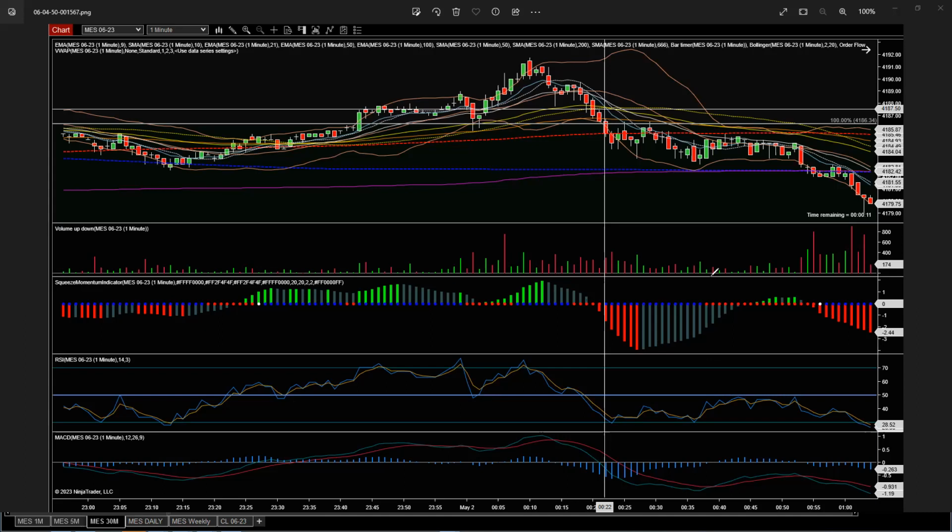I still need to clean up. I need to get rid of the 9 EMA. I really don't use that no more. I could probably get rid of the 21 moving average. I don't want to get rid of the 50-50 cross because it has sentimental value to me, I guess.